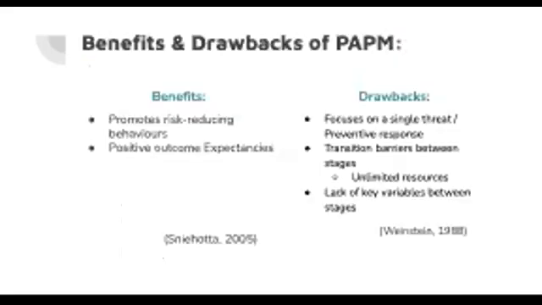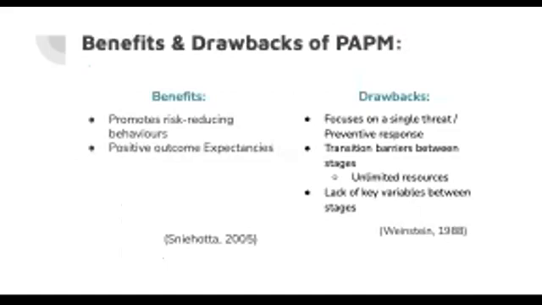Some of the benefits of the PAPM are the ability to promote risk-reducing behaviors, whereby people take precautionary action to reduce the perceived risk, and positive outcome expectancies, which increase as an individual moves up the stages of the model.